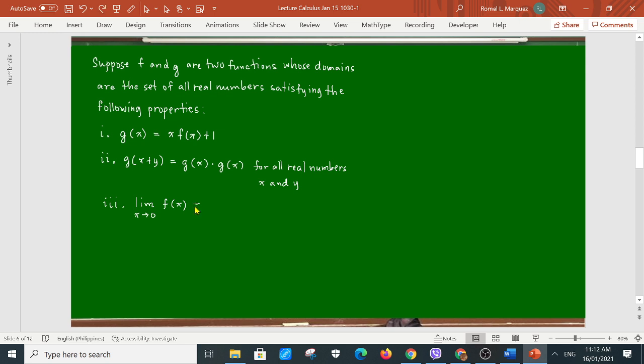With these properties, prove that g prime of x, the derivative of g at any real x is equal to the value of the function at that real x. So that's what we are going to have. Okay?